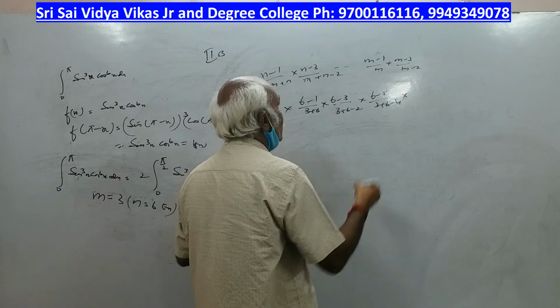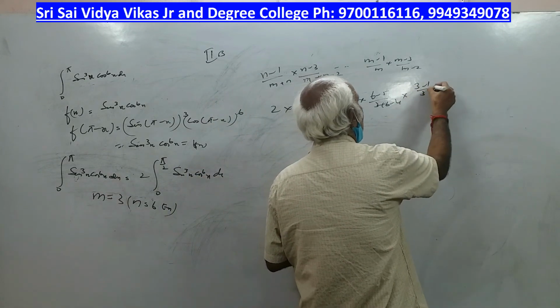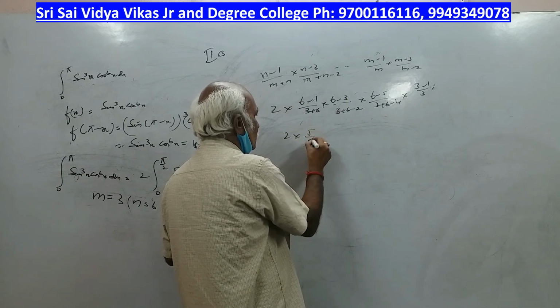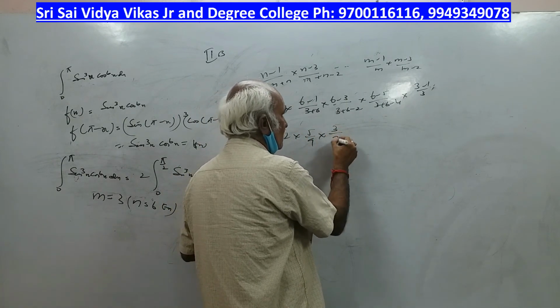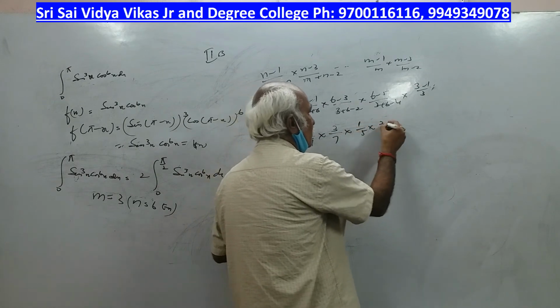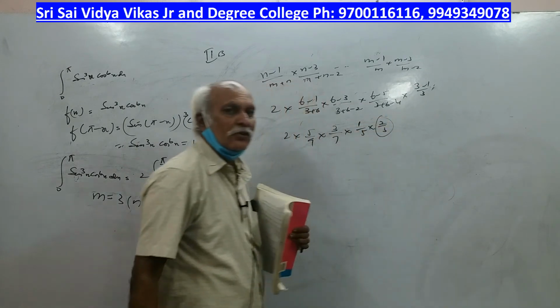So formula applications are 3 minus 1 by 3, next 3 minus 3 is 0. So what will happen? I told you, you should end with 2 by 3.